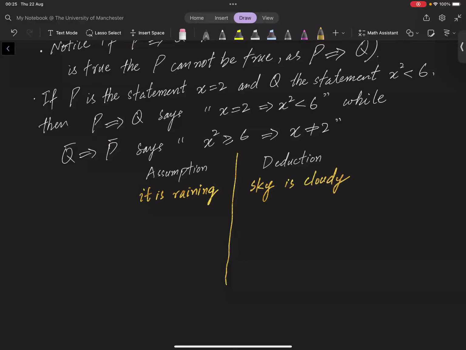If it is not raining, no deduction possible. Unclear statement.